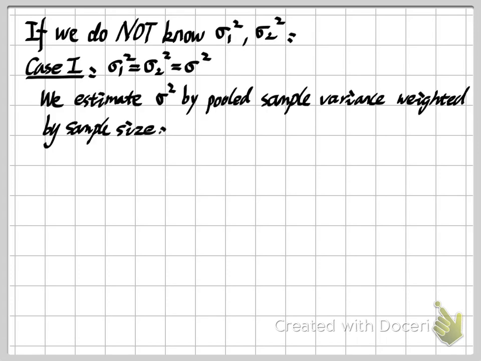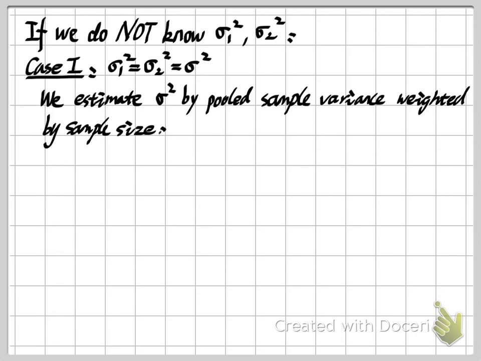Here maybe you will ask why, since we know sigma 1 is equal to sigma 2, we don't just use the sample variance of the first sample to estimate sigma, or just the sample variance of the second one. The reason is, please remember that in statistics, data is valuable.